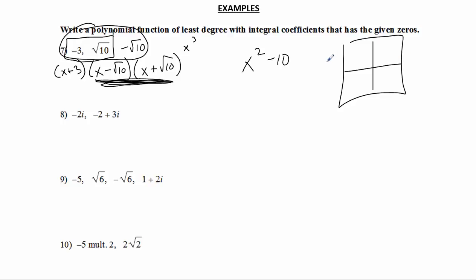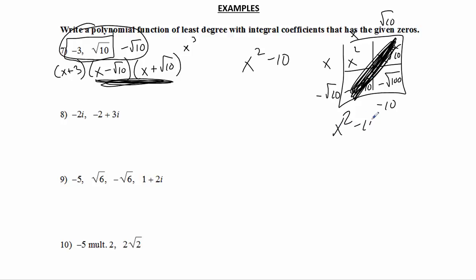Well, if I take x minus root 10 and then x and then positive root 10 there, this is x squared, this is x root 10, this is negative x root 10, and this is negative root 100. Well, what's the square root of 100? That's just 10, so negative 10. And if I look at the diagonals, oh my gosh, they cancel. Holy cow. So that's why I get x squared minus 10.